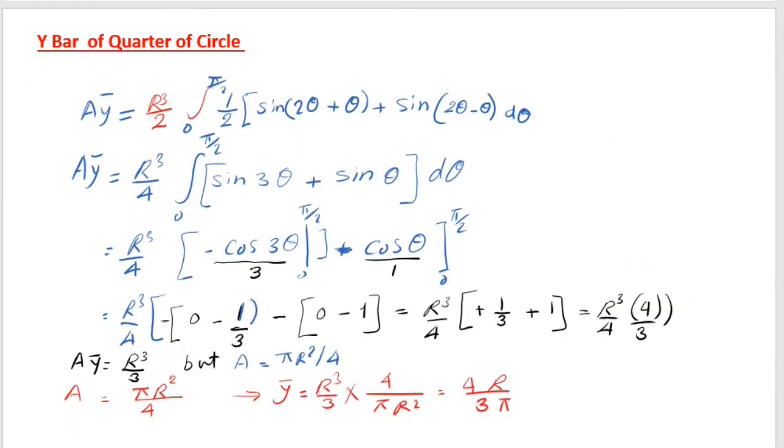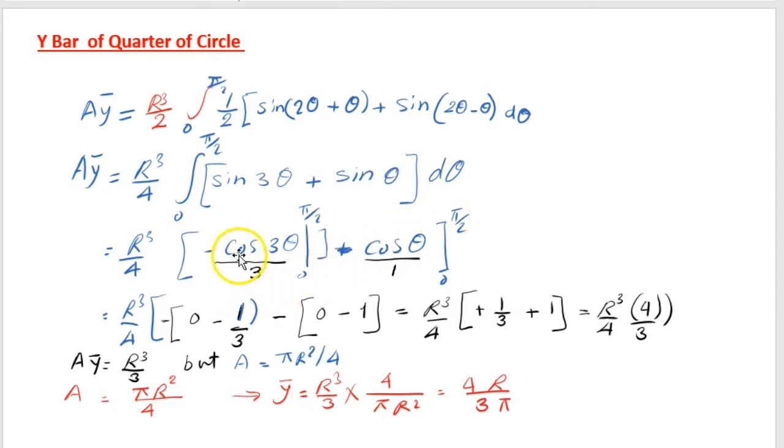We'll move to the next slide. A y bar equals r to the power 3 over 4, after taking the 1/2 out. We have sine 3 theta plus sine theta d theta. We can do the integration normally. The integration of sine 3 theta is minus cosine 3 theta divided by 3 from 0 to pi over 2. And the integration of sine theta d theta will be minus cosine theta from 0 to pi over 2.